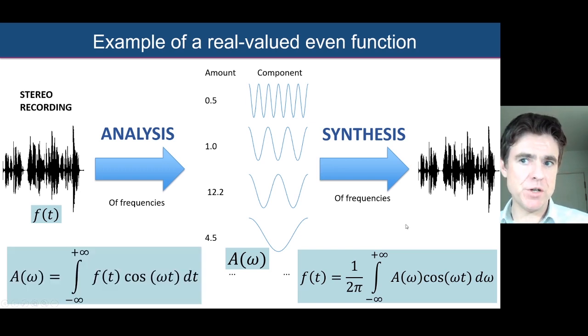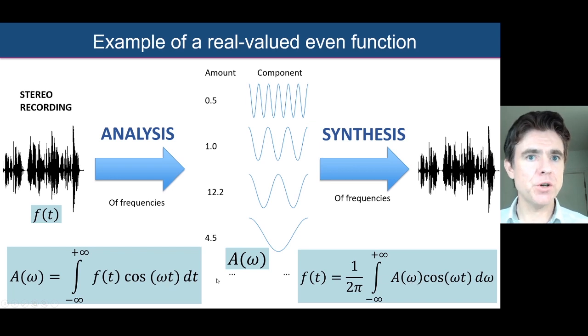And now what we've seen is, to find those amounts of particular frequencies omega, all we do is take f of t, multiply it by the frequency for which we wish to find the coefficient, or for which we wish to find the amount a, and integrate. And that will give us the analysis, the Fourier analysis, albeit in this initial case just for cosines.